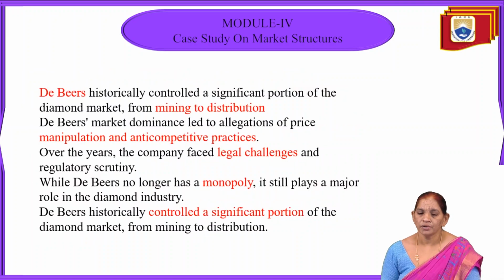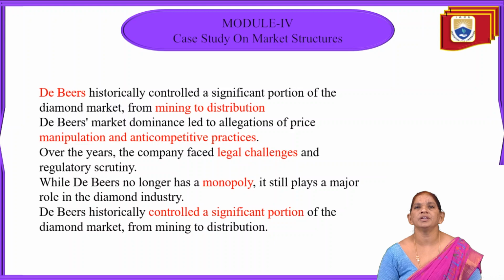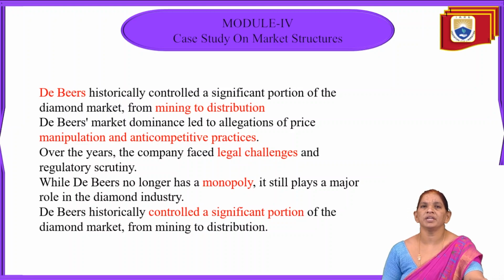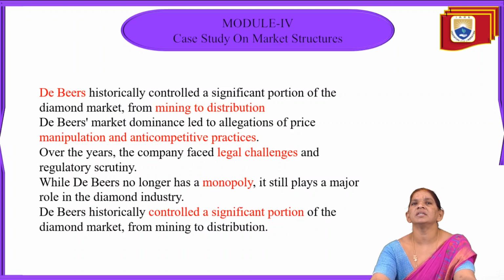And next we go to another case study, about the company De Beers. It is a producer, marketer and distributor of diamonds, and we should identify how De Beers' market dominance led to allegations of price manipulation and anti-competitive practices.